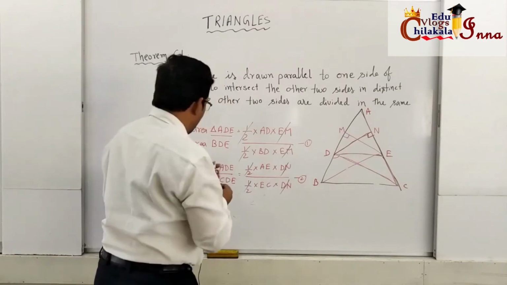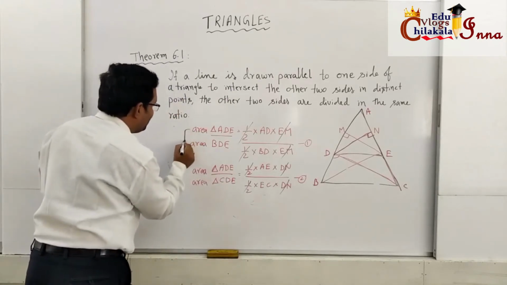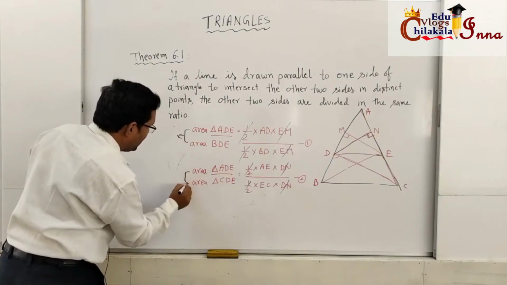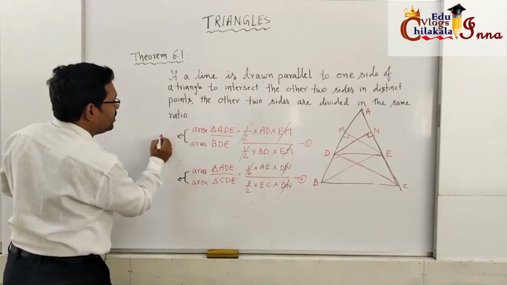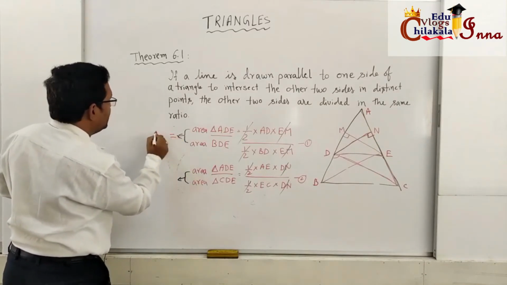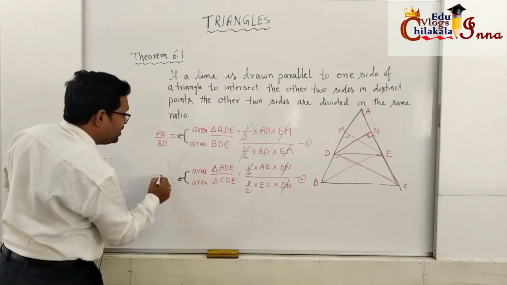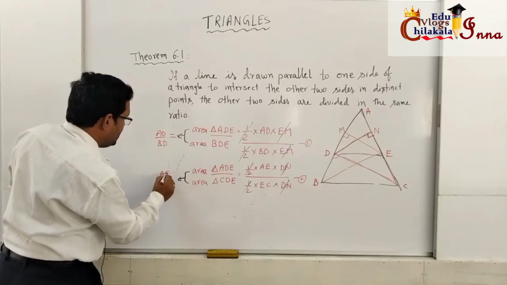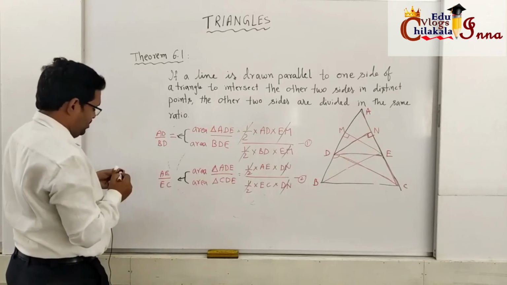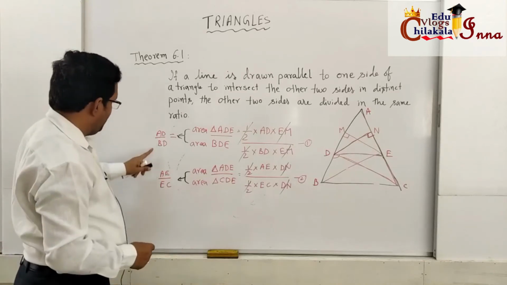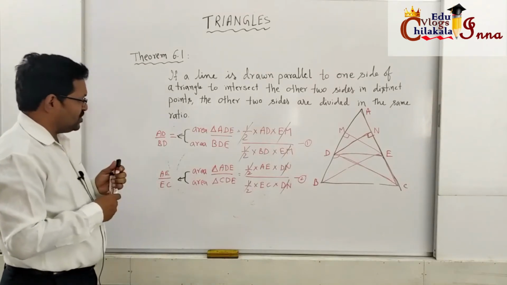So what do we get here? AD by BD is equal to AE by EC.